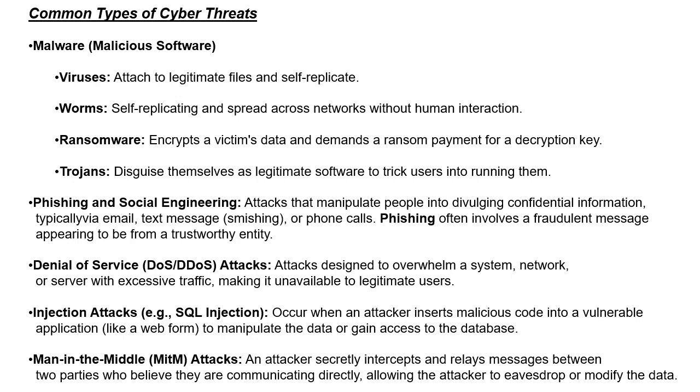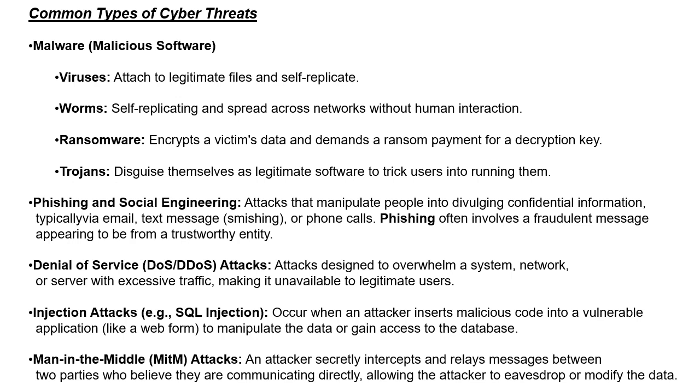Okay, next one, the common types of cyber threats. Malware is malicious software: viruses attach to files and self-replicate, along with worms, ransomware, and Trojans. Ransomware is a big problem. It encrypts the victim's data and demands ransom payment for a decryption key. Phishing and social engineering attacks manipulate people into giving confidential information, typically via email, text messages, smishing, or phone calls.